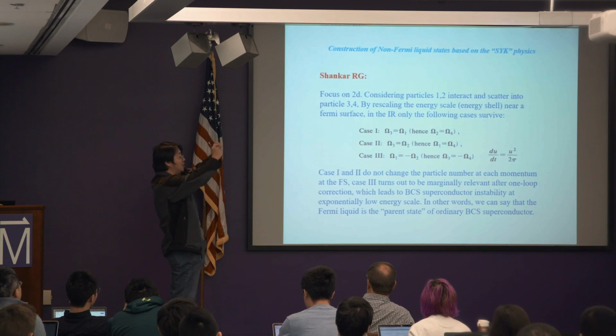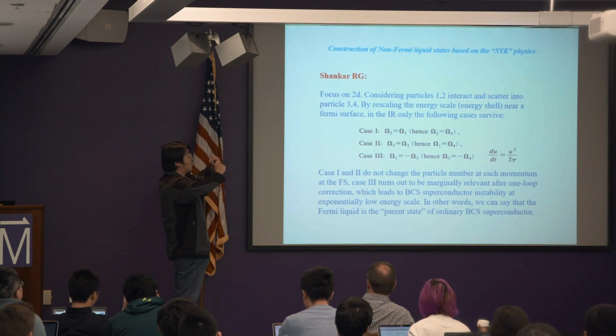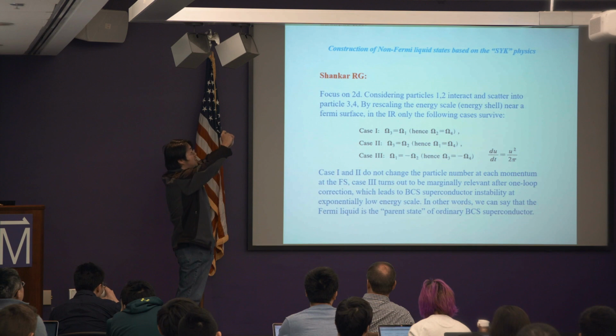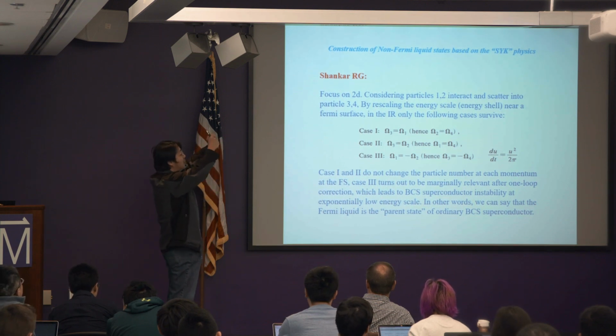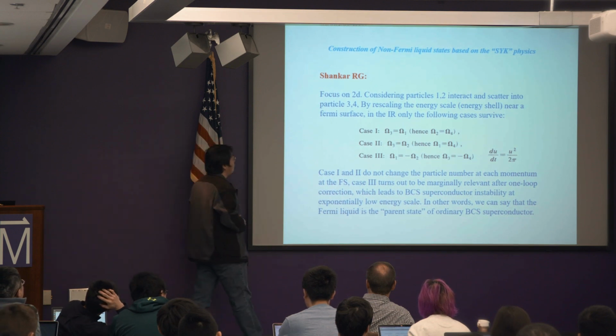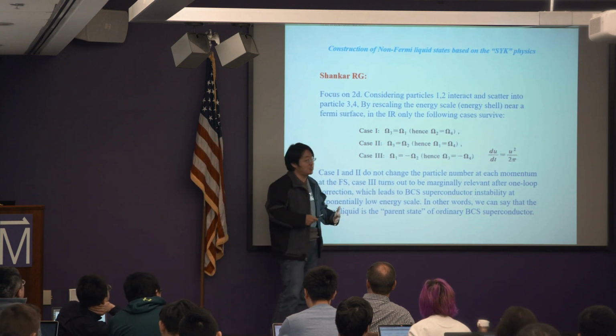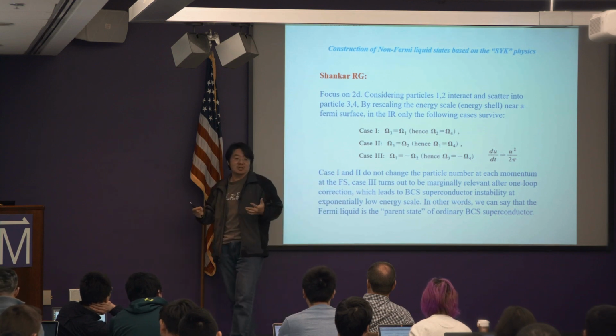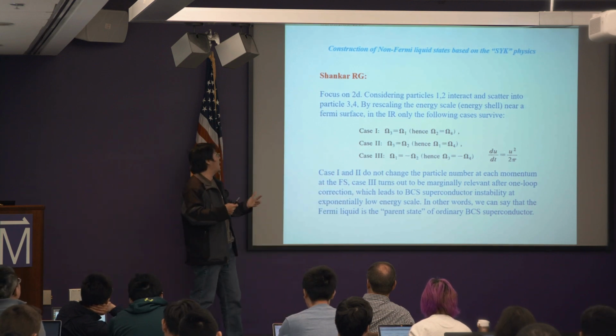So these 2 electrons either keep their own momentum and keep going, forward scattering, or they just exchange their momentum. This is why I said before that the fermion number at every patch of the Fermi surface is a conserved number in the infrared limit.